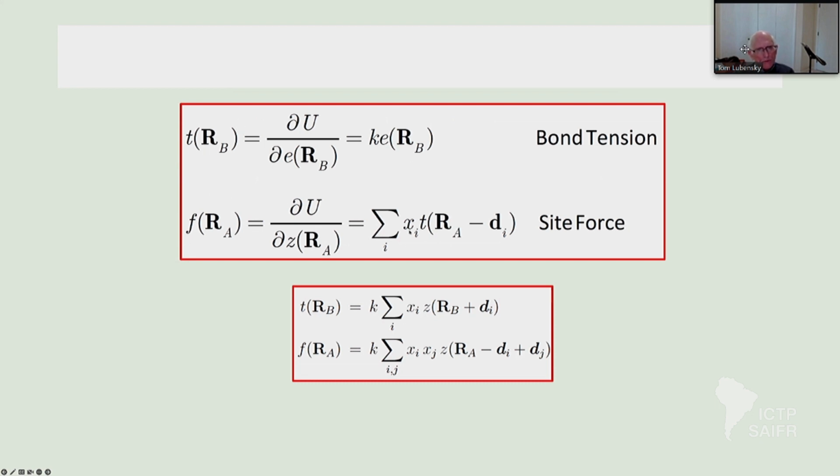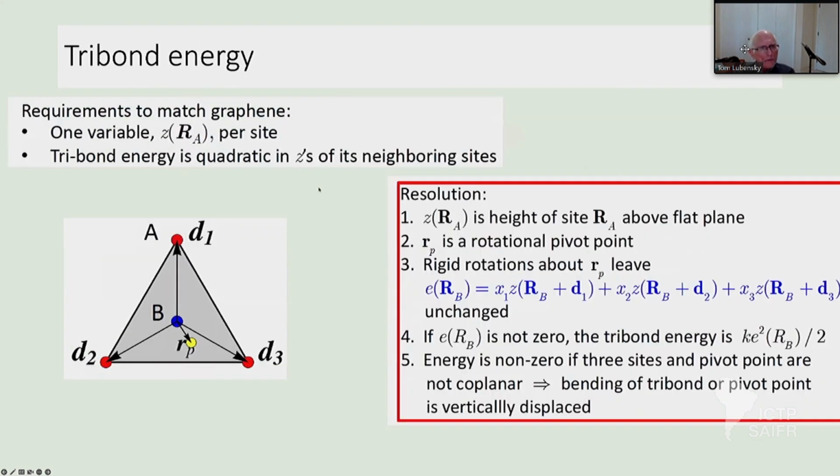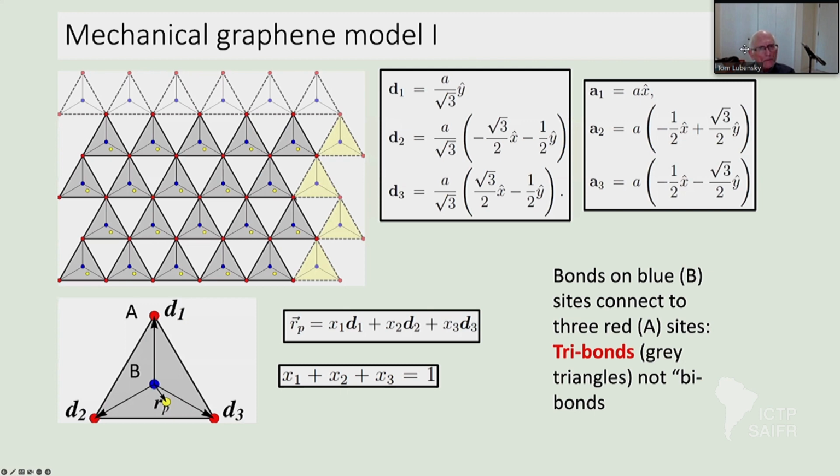It is equal to the sum over I again of the set of xi's times T of RA minus the site minus the vector DI. And you can see here that the vectors DI, if I have a site here and the vectors DI point like that, you can do the calculation of what this site is relative to that site.